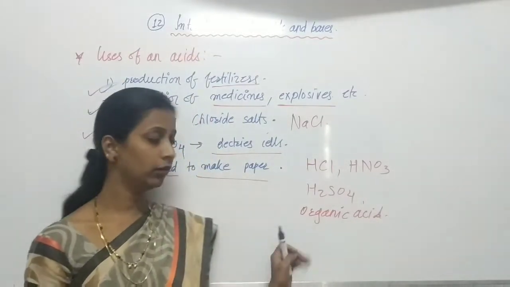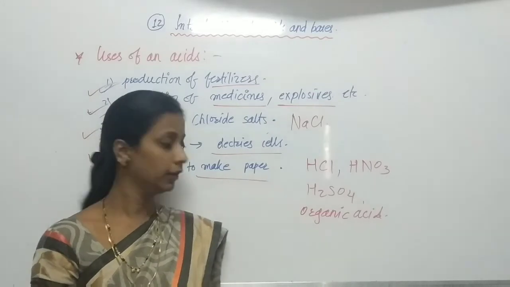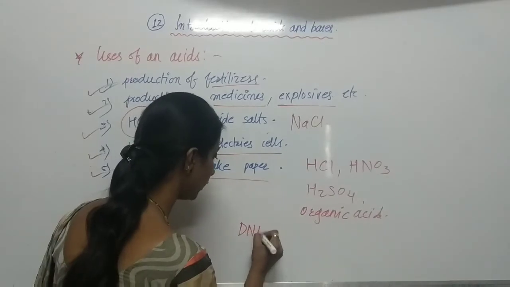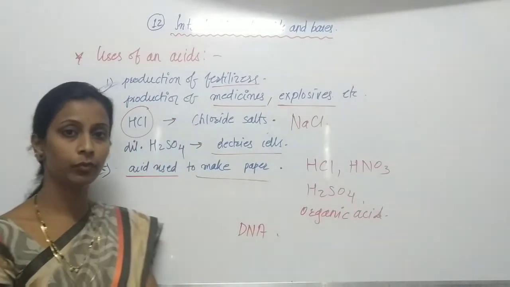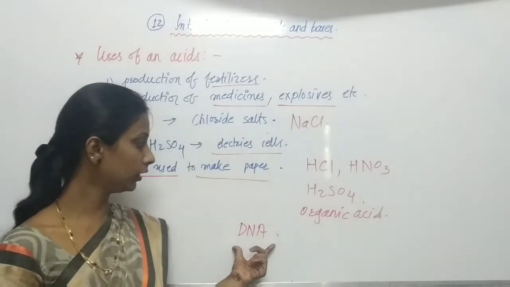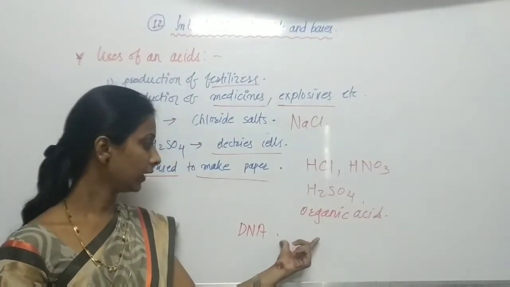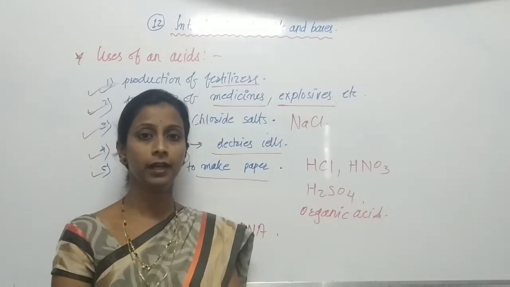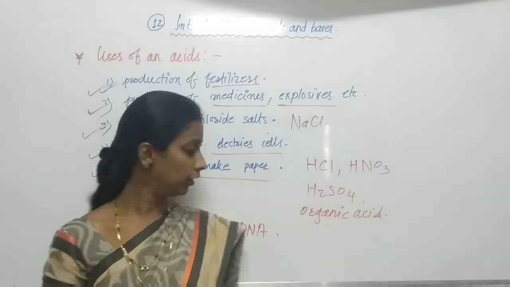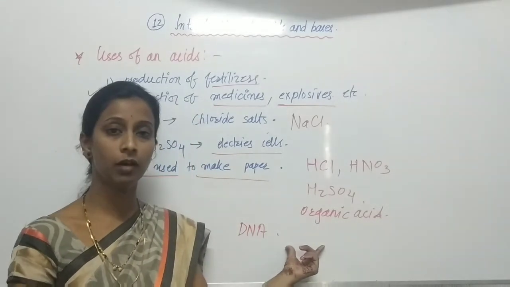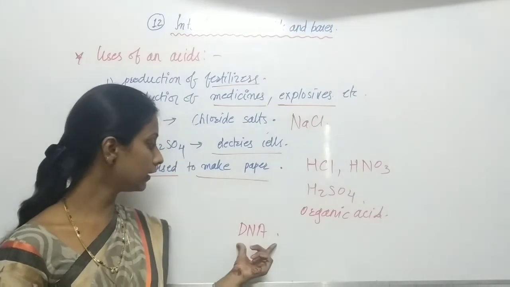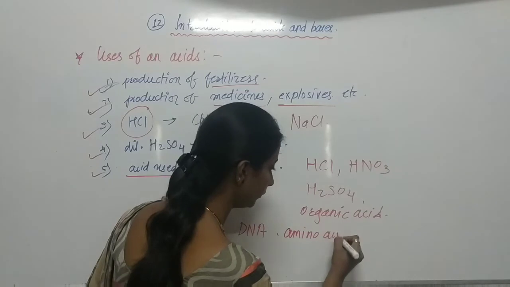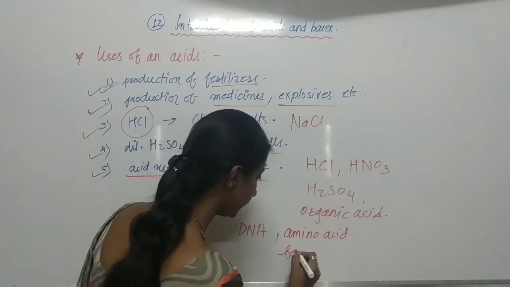For example, in our DNA, deoxyribonucleic acid is present. This is a type of organic acid. Proteins are present inside our body, and fatty acids are present in fats. In proteins, amino acids are present, and also fatty acids.